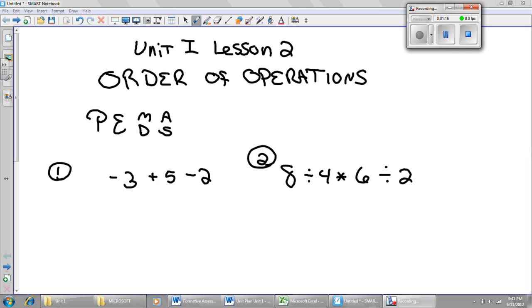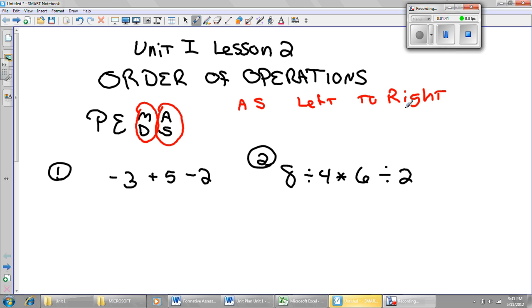Now I want to stress something very important here. Notice when I write my device, I write the multiplication and division parts and addition and subtraction above each other because they have equal value. When the problem is only considering addition and subtraction, I go left to right. I don't always do addition before subtraction. I go left to right.